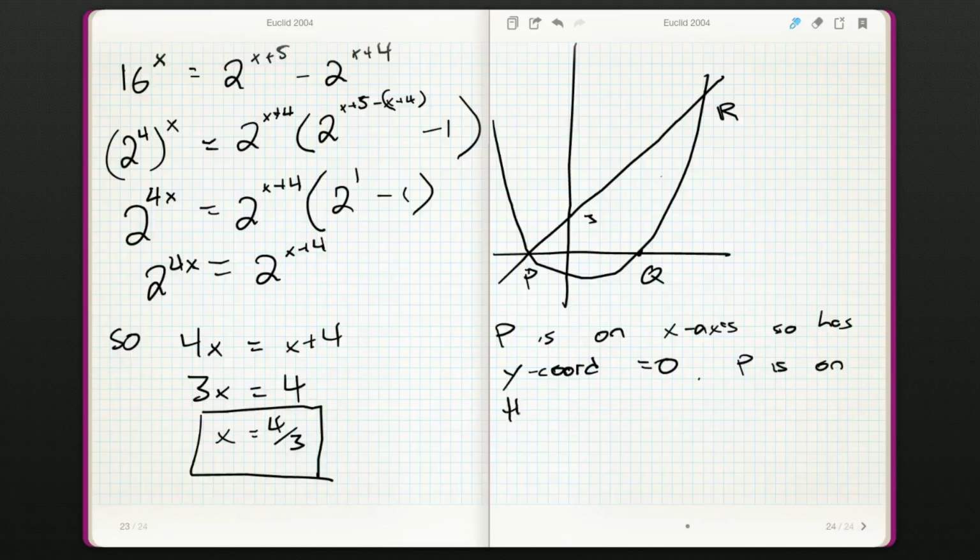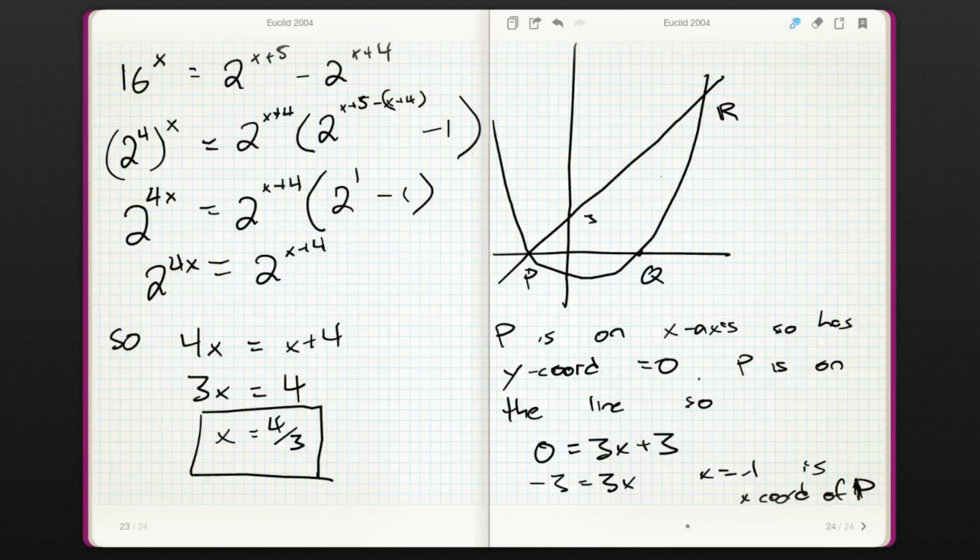P is on the line. So 0 equals 3x plus 3. Minus 3 is 3x. x equals negative 1 is the x-coordinate of P. Okay. So negative 1, 0 is P.